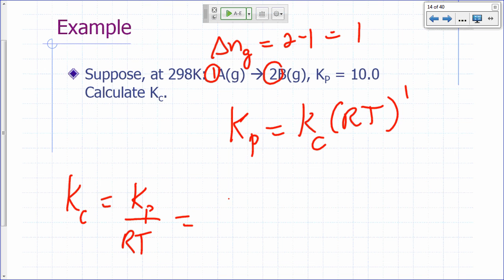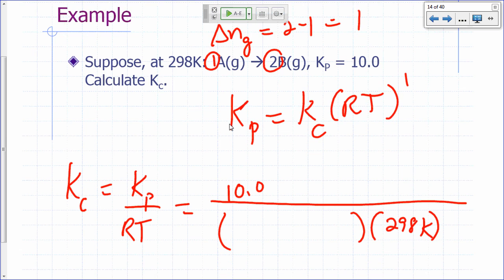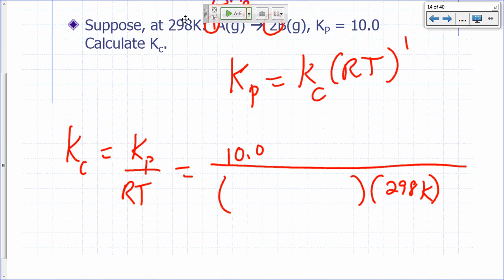What's our Kp? 10.0. What's my R and what's my T? My T is 298 Kelvin. Unless otherwise specified, assume it's 298 Kelvin, okay? But it is given here as 298, so you're okay there. What's our R?